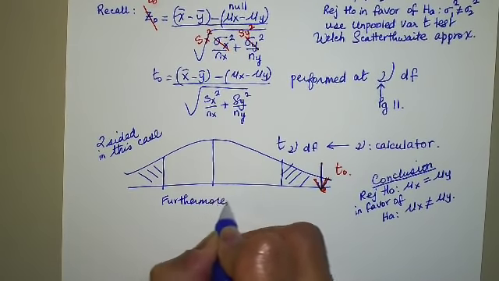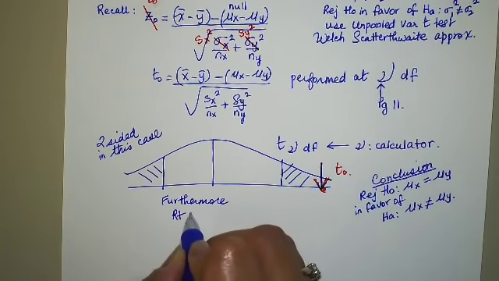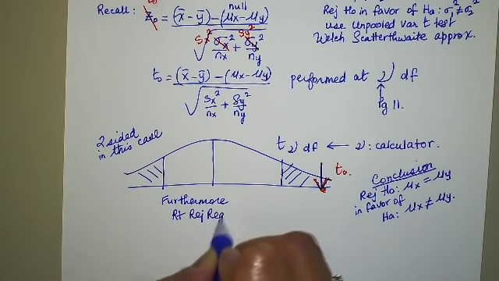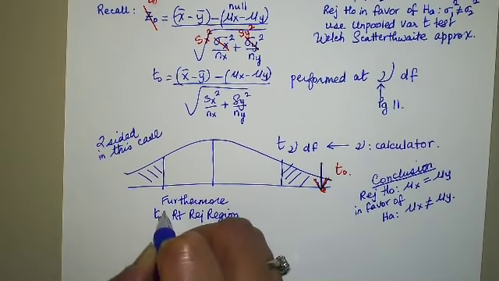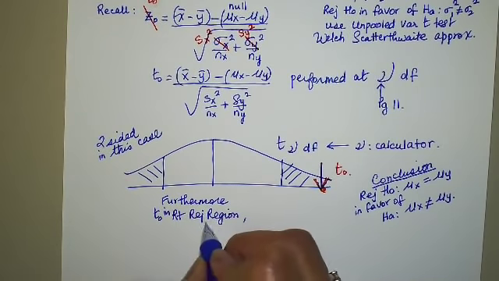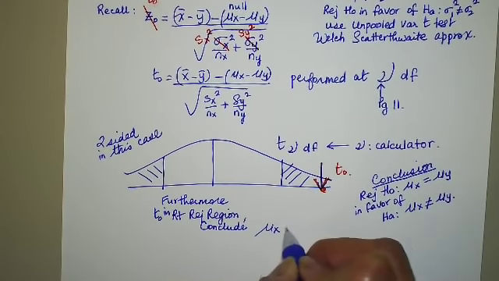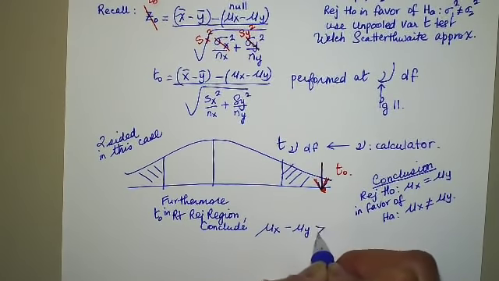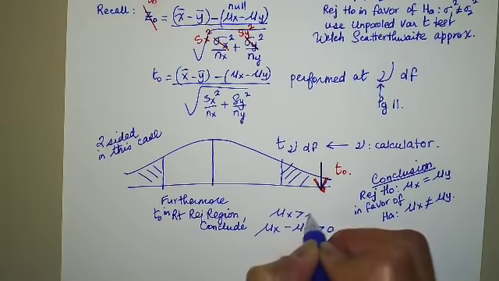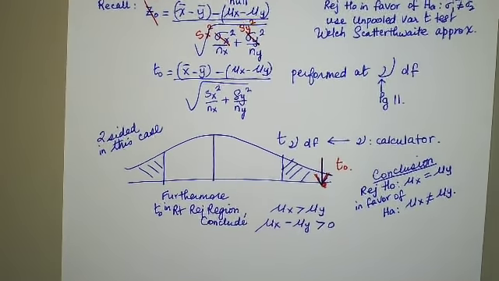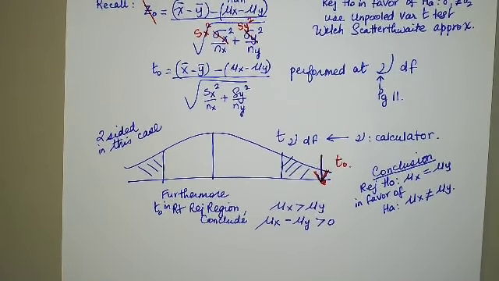And furthermore, you're in the right rejection region, T naught in right rejection region, so conclude that mu x minus mu y is greater than 0, or mu x greater than mu y. Follow what I'm saying? I want to do a real example.